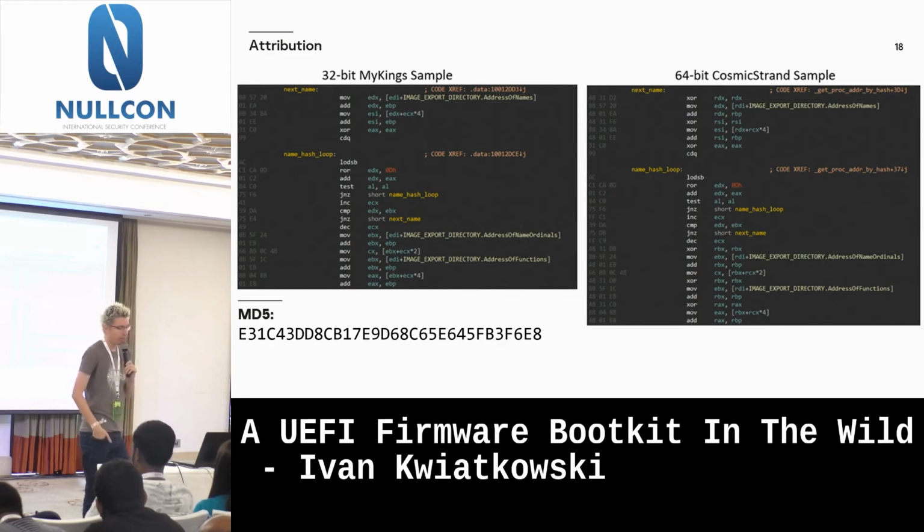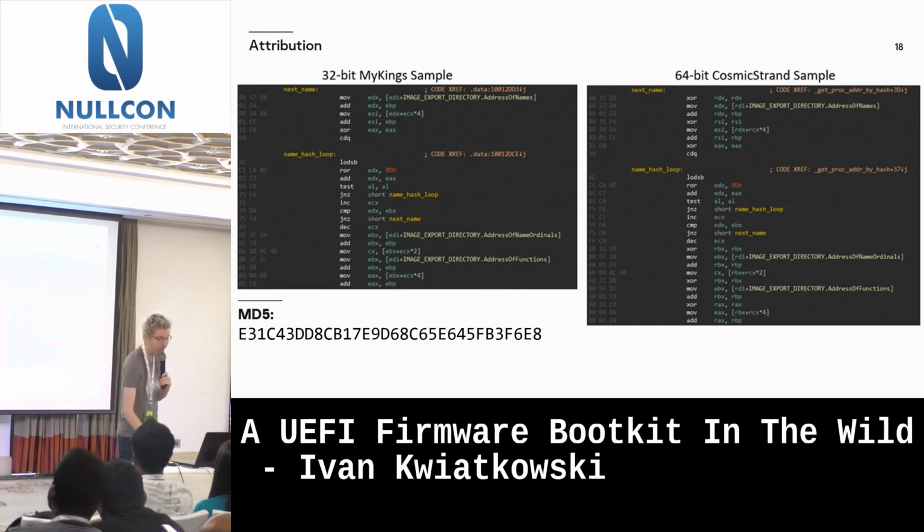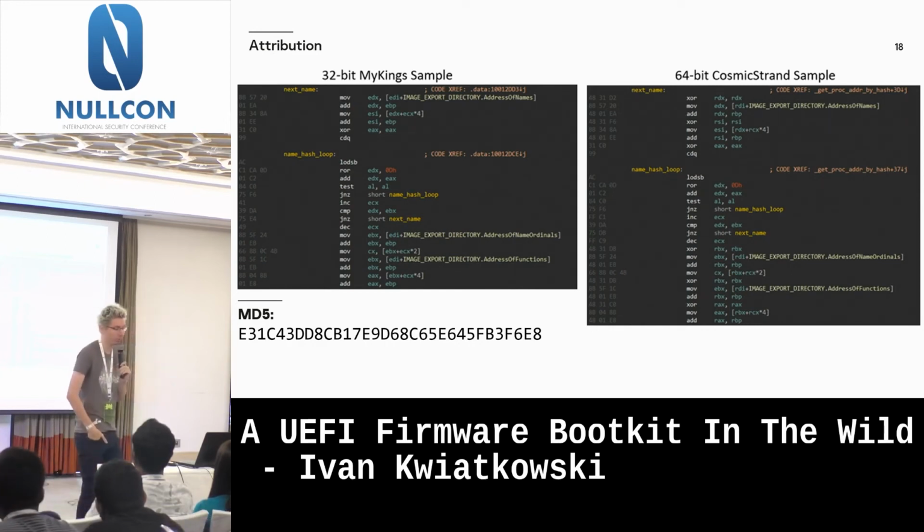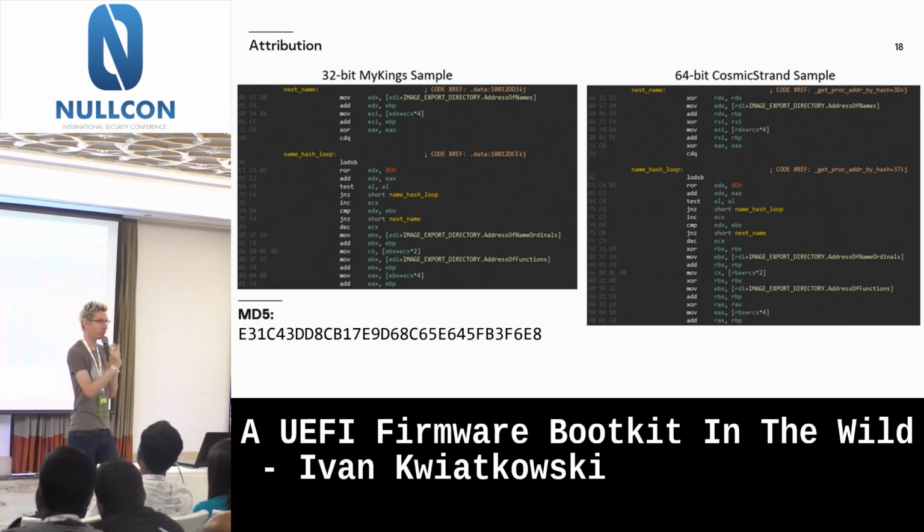Anyway, there are also additional similarities between the two malware families. MyKings also makes use of a bootkit in order to establish persistence and evade detection. It also contains kernel code that conducts tagged allocations, and it uses the same names when it's doing pool allocations, which are proc and getM.